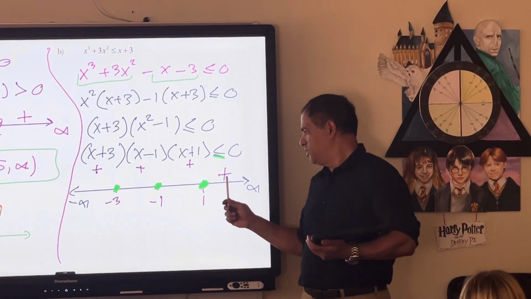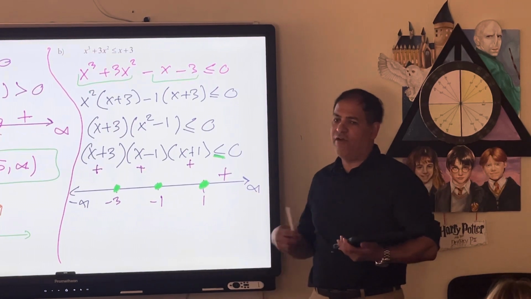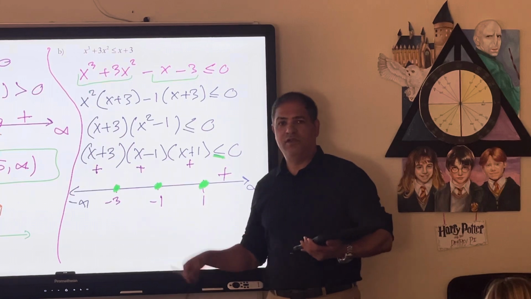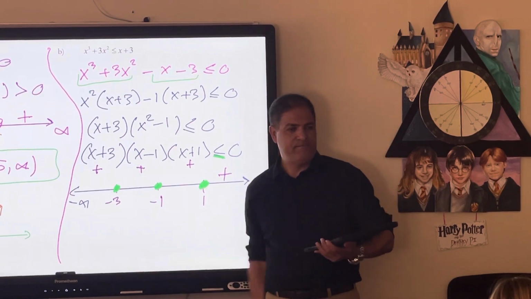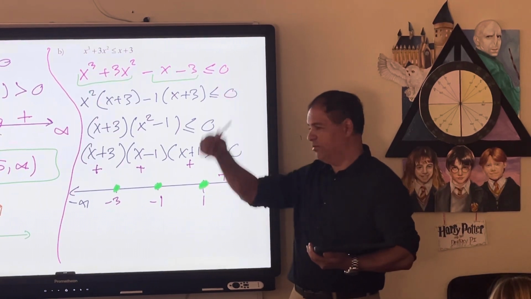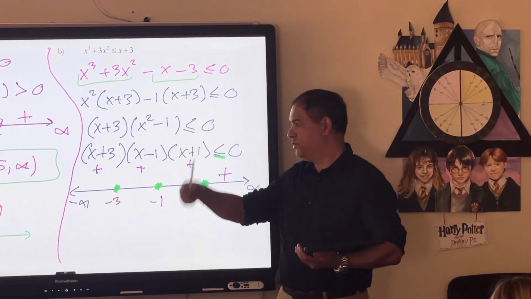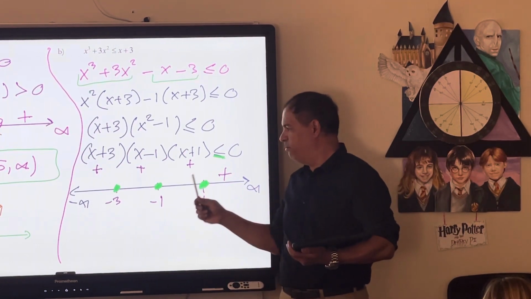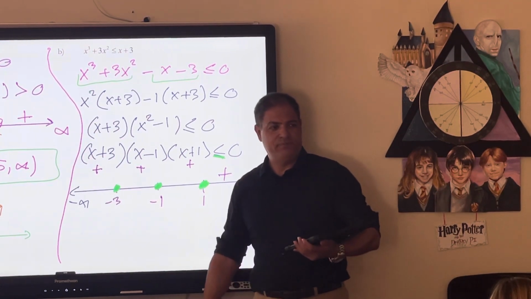Once you know the sign of one interval, as long as you have no multiplicities, meaning none of the zeros repeats. -1, 1 time. 1, 1 time. -3, 1 time. So this is going to be plus, minus.